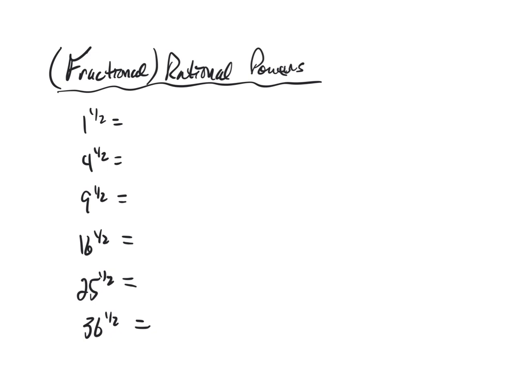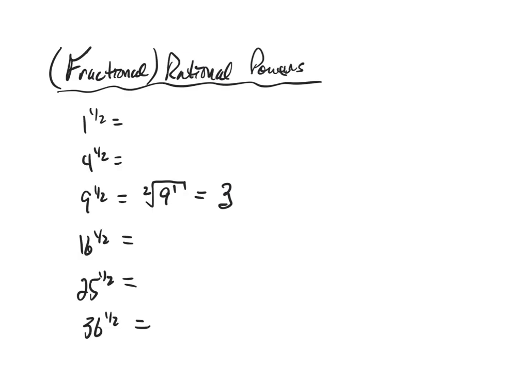Okay, now if you back up, the one I had given you earlier, 9 to the 1/2, remember that was going to be the same as the square root of 9 to the first. That we just did that conversion. And of course, you know what this is. The square root of 9 is 3. Okay?